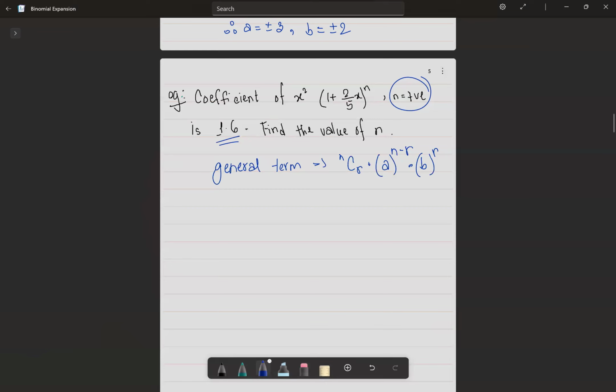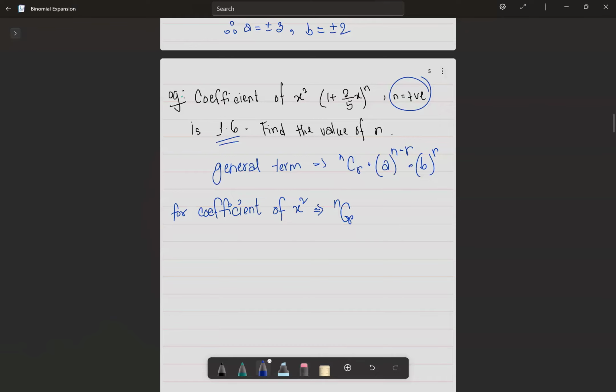For the coefficient of x square, we need the term related to x square, right? So let us try to rewrite the general term. We have n as n, because that is the value that we need to find out. We have C, and let us write r as r for now.